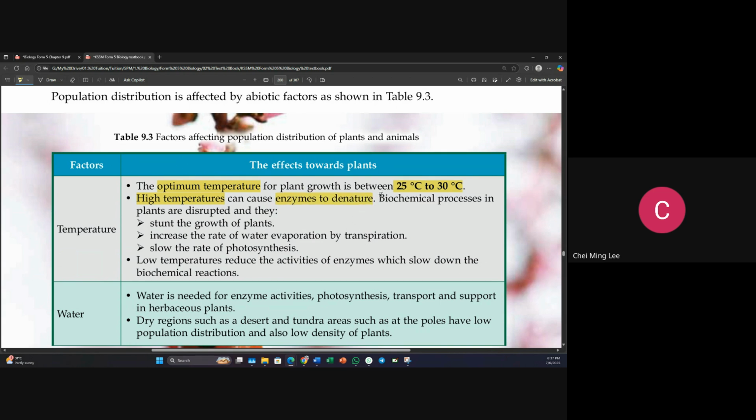With this, the biochemical process will be disrupted, and this will stunt the growth of plants, increase the rate of water evaporation by transpiration, and also slow the rate of photosynthesis. While low temperature will reduce the activity of enzymes, which slows down the biochemical reactions.